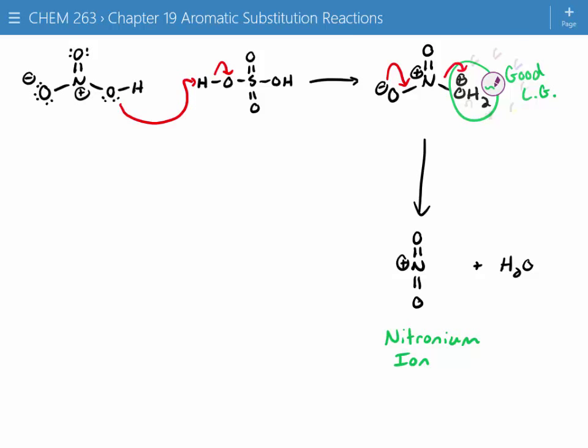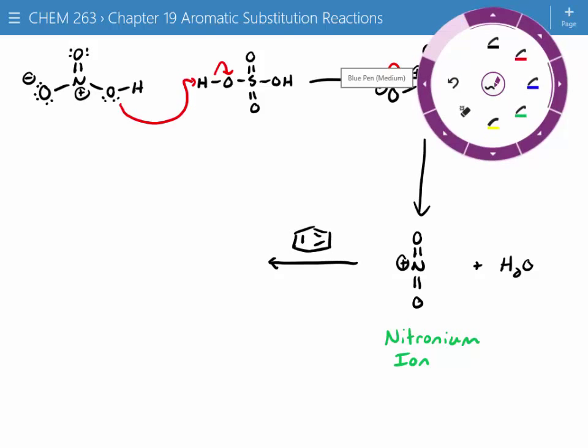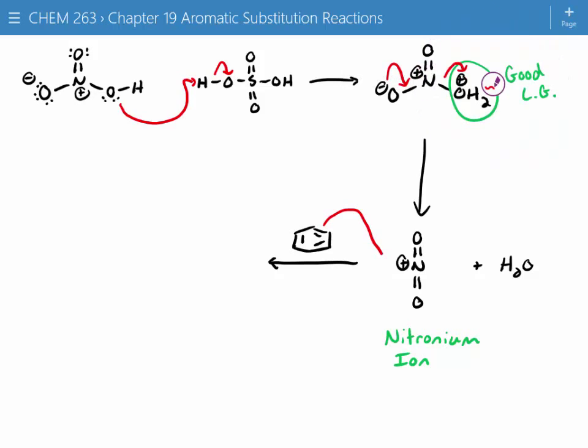All right, so now we've created our good electrophile. Nitric acid on its own wasn't a great electrophile, but by popping off one of those water molecules, we've turned it into a great electrophile. So we'll have this react with benzene. We'll draw the pi bond coming over, attacking that nitrogen.